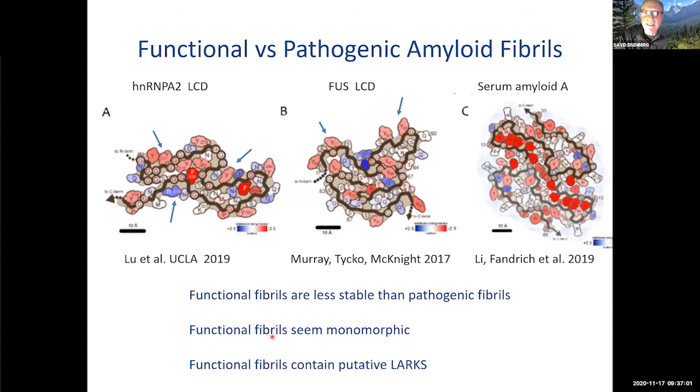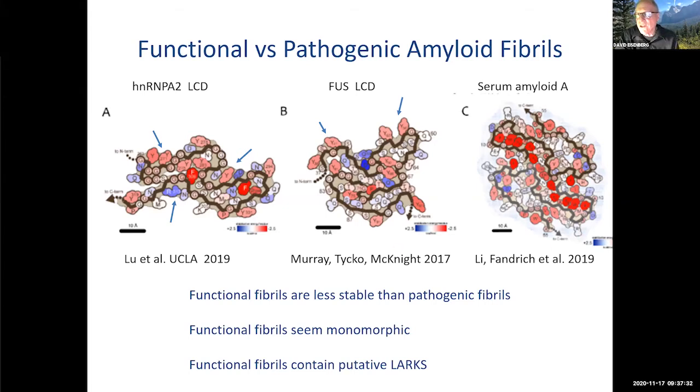So again, looking at the energetics of these functional amyloids, here's a structure determined in our lab of HNRPA2, one of these proteins. It's an RNA binding protein, which forms liquid-liquid phase separation. And what you see is there are very few stabilizing red residues that are holding the chain together.